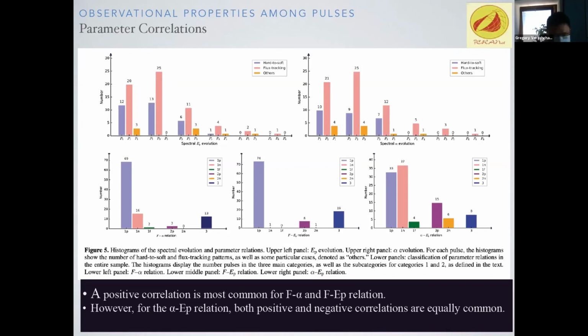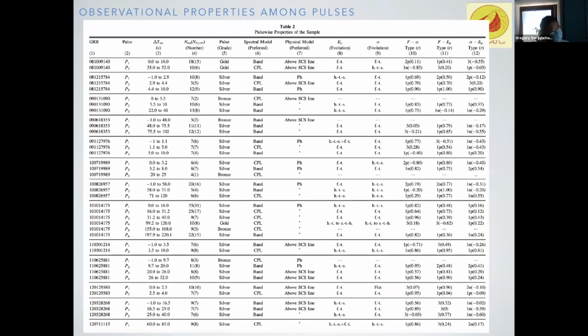So then we summarize all the pulsar-wise properties of our sample in Table 2, including the pulsar length, which depends on the pulsar locations and the source duration for each pulsar position, the number of the total spectra and the number with significance greater than 20, the pulsar grading we defined before, the preferred spectral models and the preferred physical models, and the evolution type of evolution patterns for both Epeak and alpha, and following the relations.